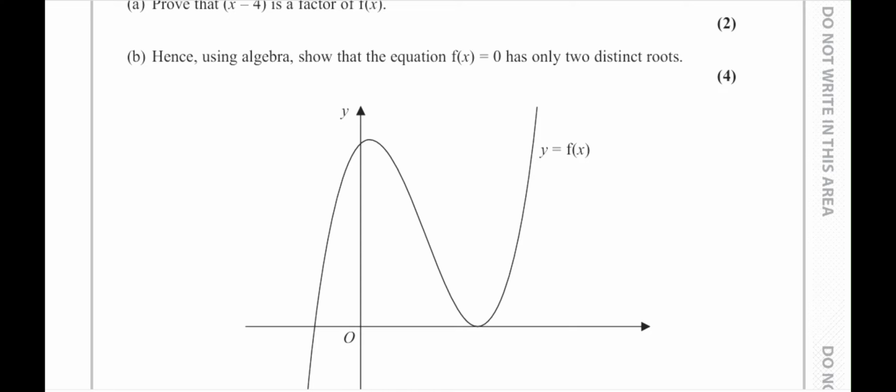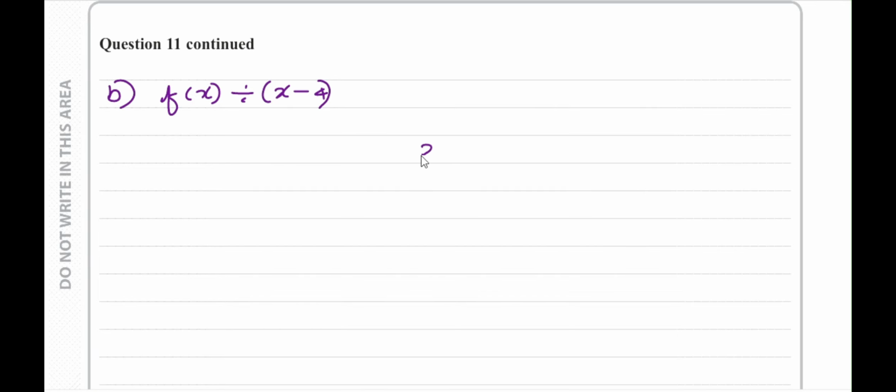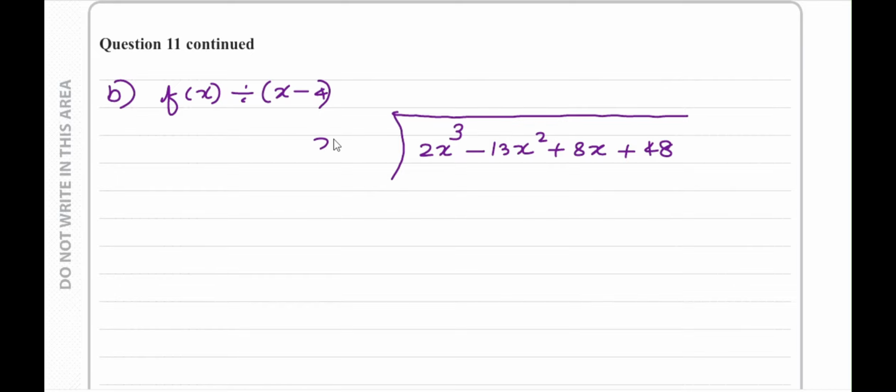Part B. Hence, using algebra, show that the equation f of x equals 0 has only two distinct roots. We will divide f of x by x minus 4 and find out the quotient. So 2x cubed minus 13x squared plus 8x plus 48 divided by x minus 4.